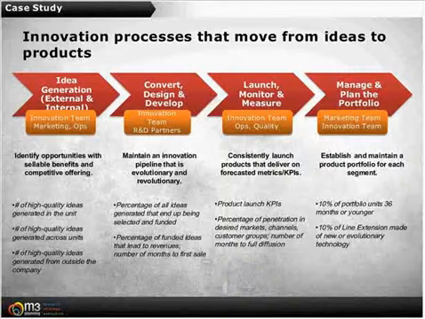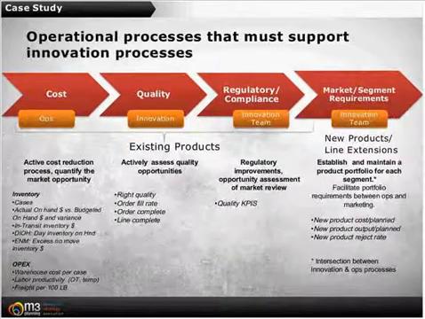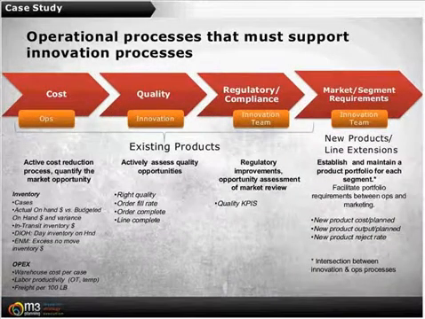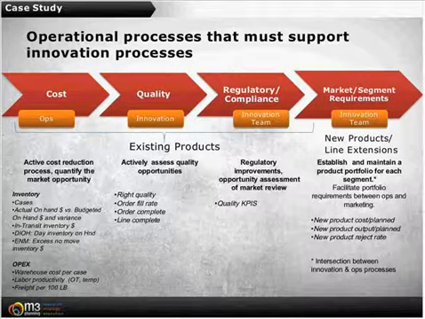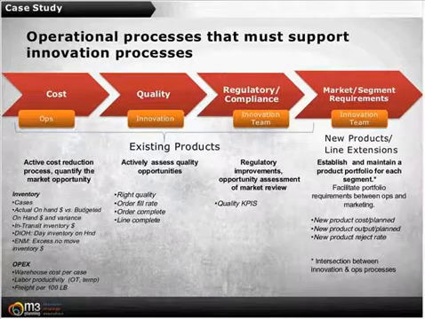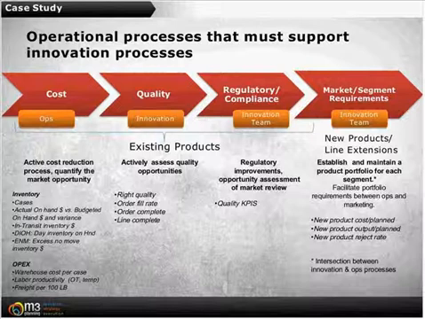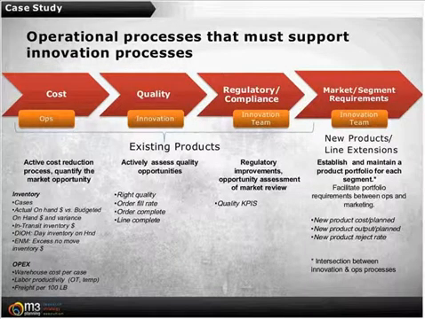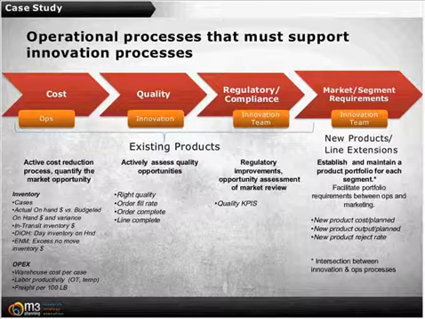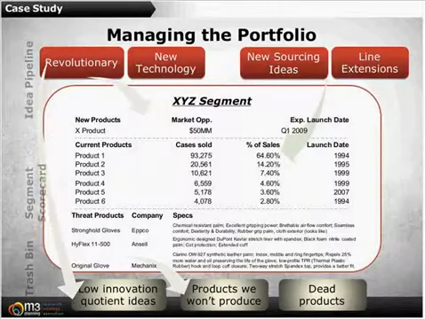So let's look at the next slide related to that specifically. This is the operational process that supports the innovation process. For this organization, this was a pretty important tandem process to have in mind as we were putting in place the innovation process. We'll move past this, but the structure is the same.